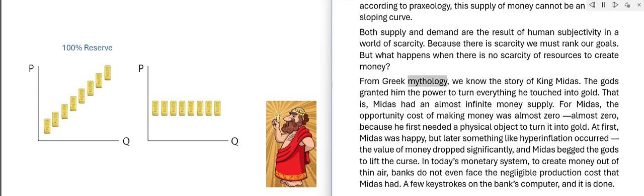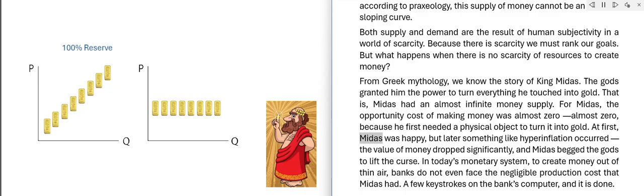From Greek mythology, we know the story of King Midas. The gods granted him the power to turn everything he touched into gold. That is, Midas had an almost infinite money supply. For Midas, the opportunity cost of making money was almost zero, because he first needed a physical object to turn into gold.